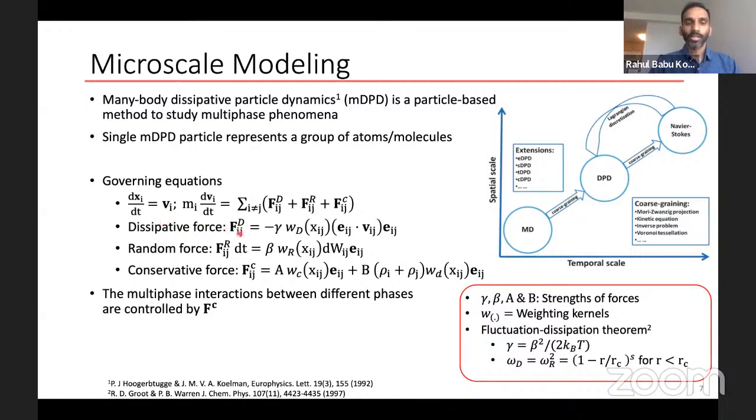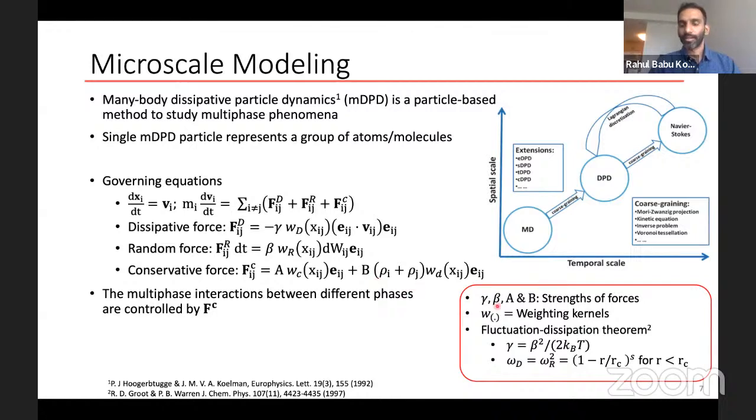The force has three components. It has the dissipative force, the stochastic random force, and the conservative force. The only difference between MDPD and DPD is we have the additional density dependent repulsive force, which makes the coexistence of these different phases possible.